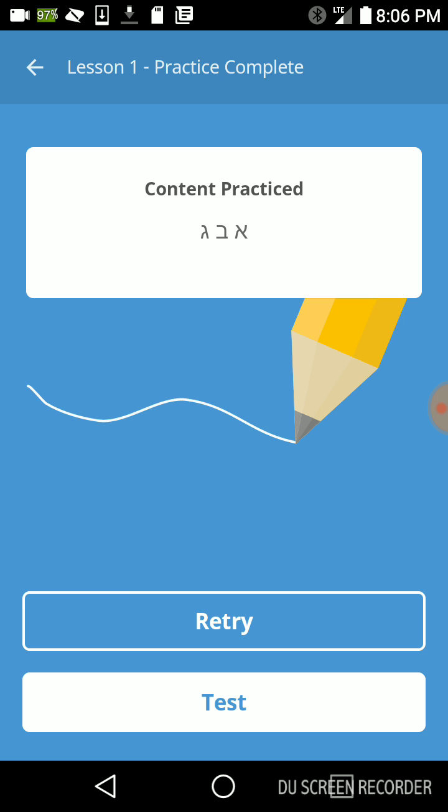Okay, right there. Nun. Mem sofit. Right there. Mem, regular. Lamed. Oops, a little bit low, but that's all right. Mem. And then right there. Nun. Like that.